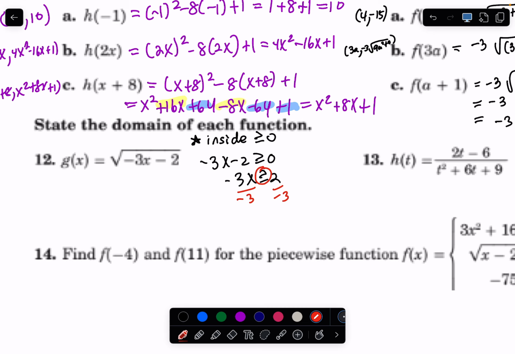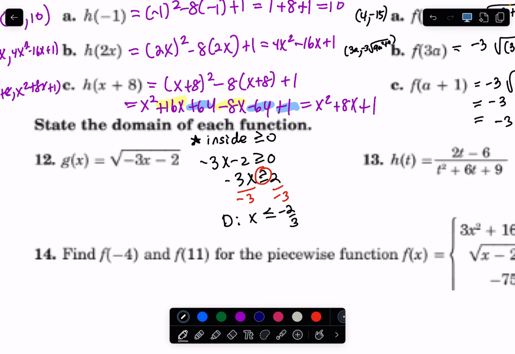Now that is the domain. And if you got that far, and let's say the problem was worth 4 points, I'm only going to take off a point if you don't go further. I want it in interval notation. Okay, so just note, I want this answer in interval notation.